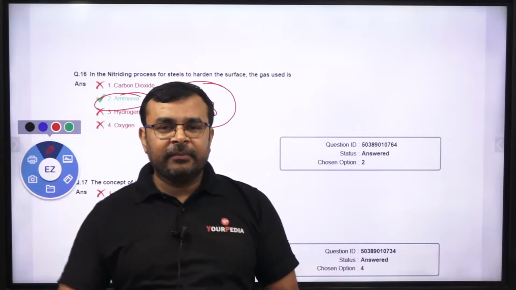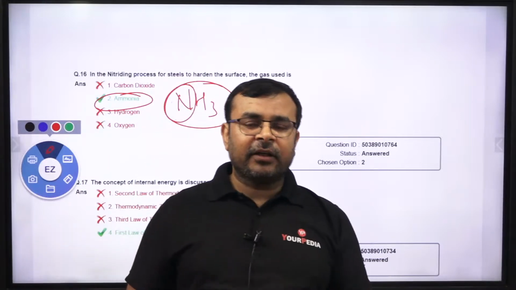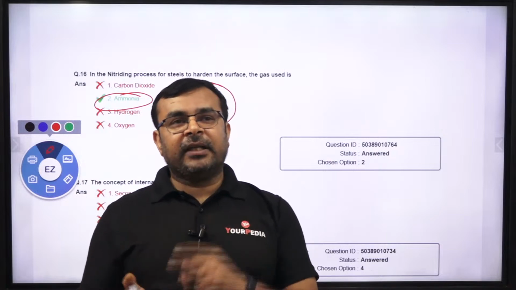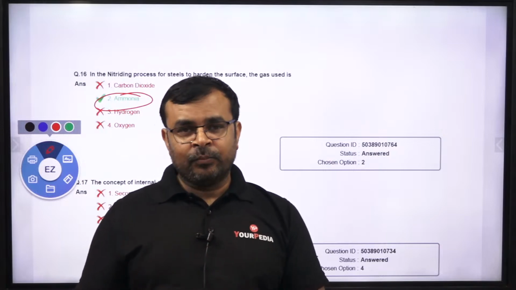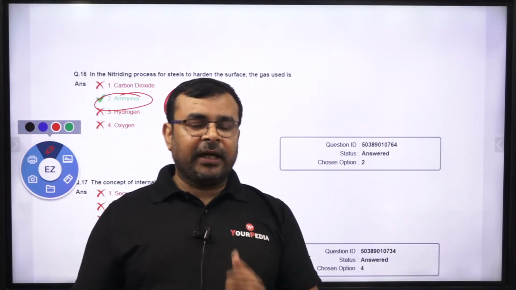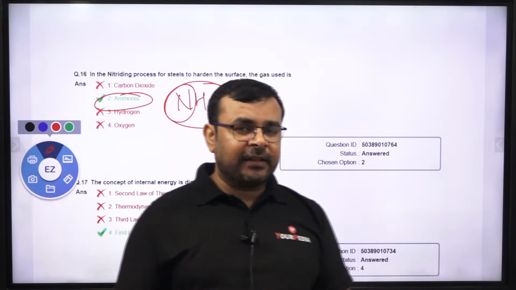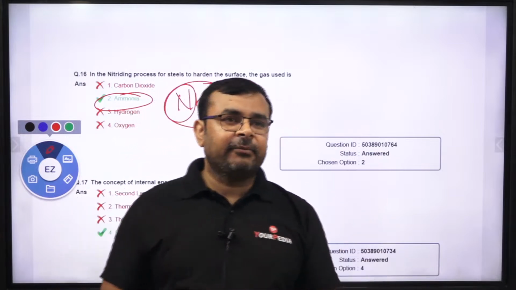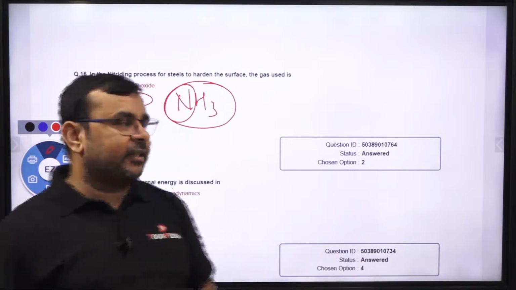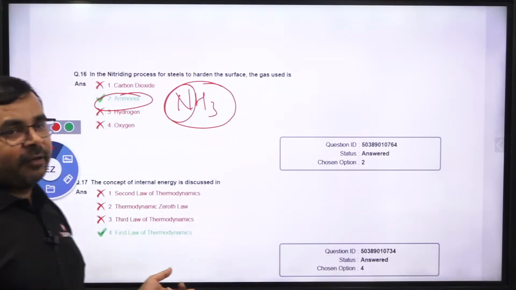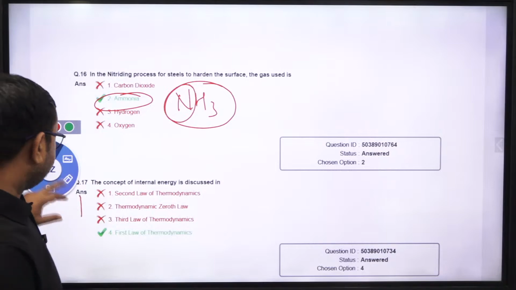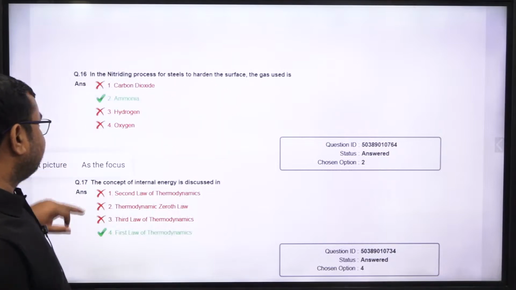Similarly, in liquid carburizing, obviously here we use liquid cyanide, potassium cyanide, sodium cyanide. Yes or no? Correct? These are used for hardening purpose. And in gas carburizing, we use natural gas, just methane, ethane, propane. Yes or no? These gases are mainly used for gas carburizing. And similarly in the nitriding process we use ammonia gas. Yes or no?